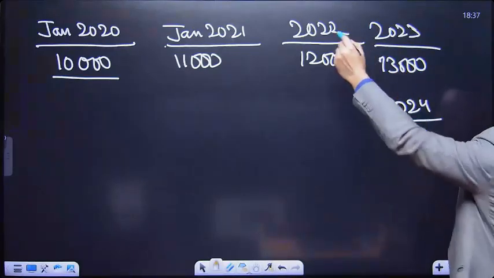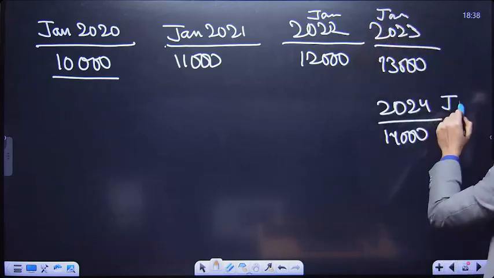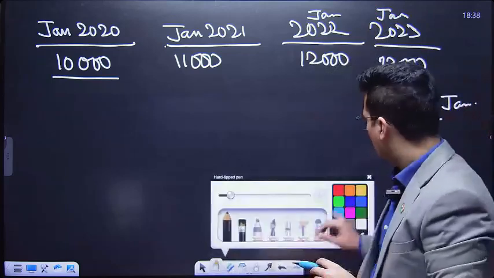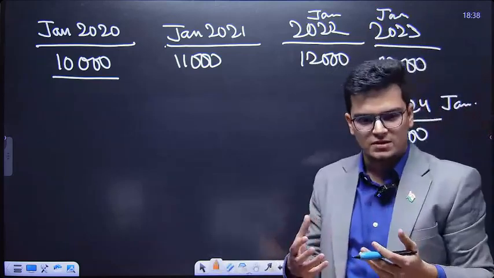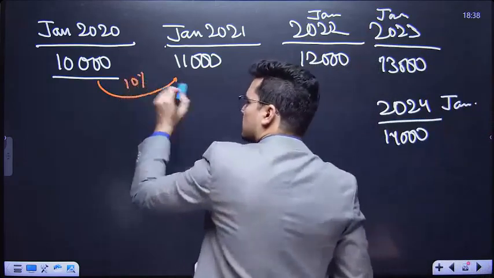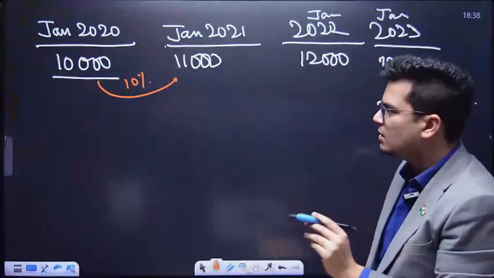This is again in the month of January only. ठीक है? तो अब मैं क्या बोलूंगा? How will I measure the inflation? यहां से यहां inflation is 10%. So this is 10%, right?